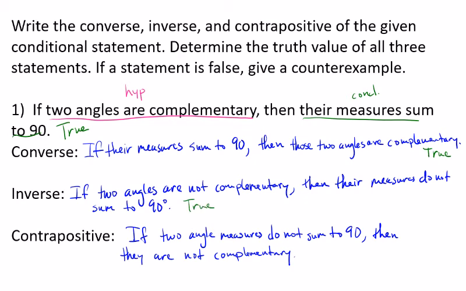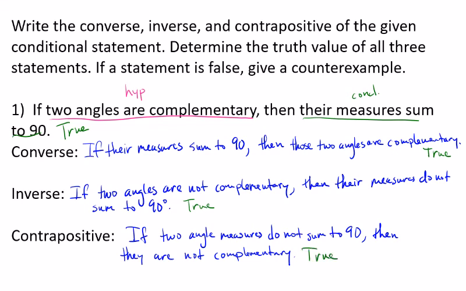Okay, and so remember, there have to be no situations where you could have two angles that are not complementary that would add up to 90, right? And that's the case here. Contrapositive, if two angle measures do not sum to 90, then they're not complementary. Yeah, that's also true. Okay.